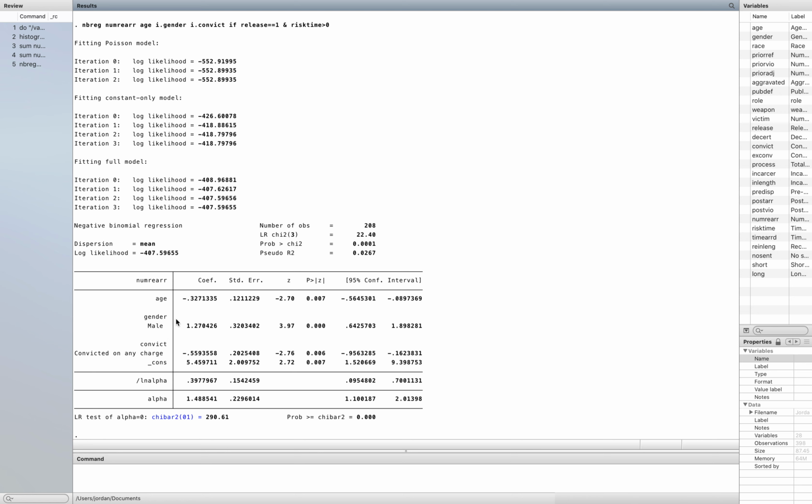If all the predictors are equal to 0, then this would not be significant. The likelihood ratio chi-square is 22. It is significant, which tells you at least one of your predictors is not equal to 0 in the model. The pseudo R square, if you move the decimal place over, is telling you that this model is explaining about 2.67% of rearrest.